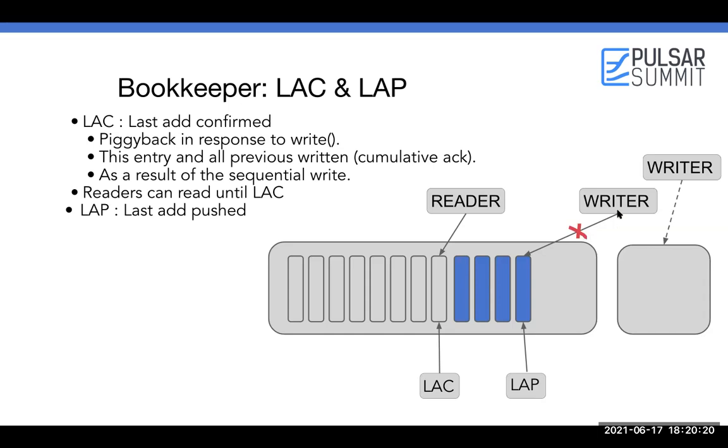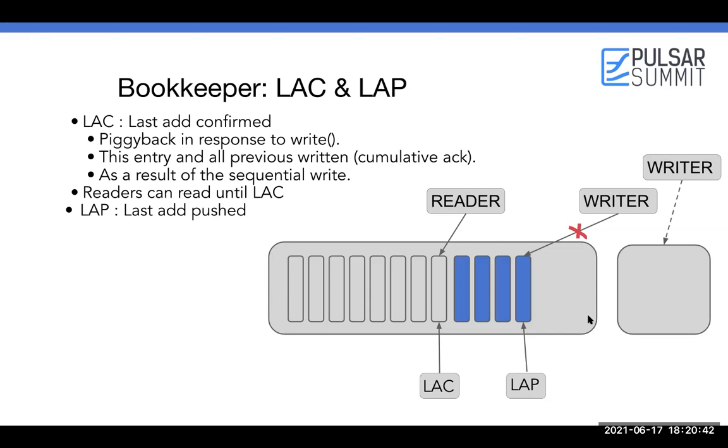And if a writer crashes while it is writing, then a new writer comes up and starts writing in a new ledger. What happens is this new writer first goes ahead and fences the old ledger.